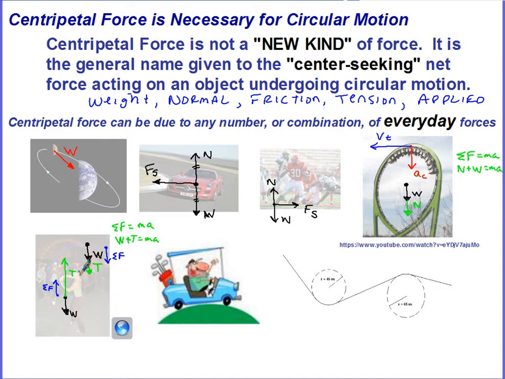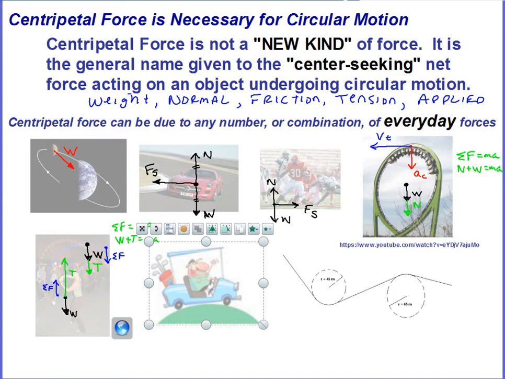Now let's consider a car that's going over a hill. Similar idea here. This one's always a little bit tricky, so bear with me for a minute. If this car were stationary, so if V tangential was 0, the FBD for this person would be really simple.